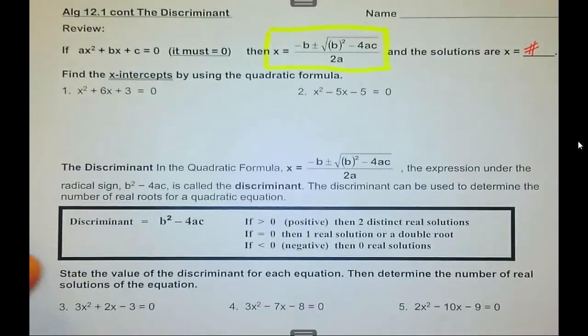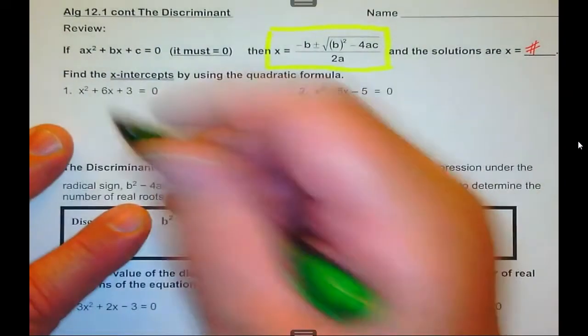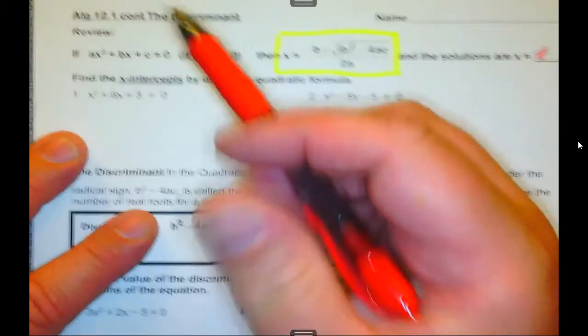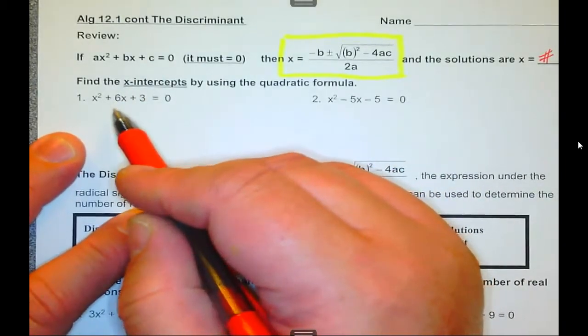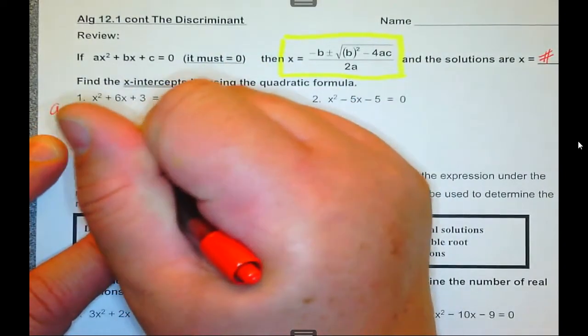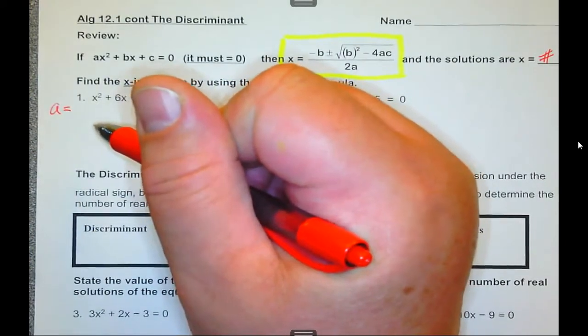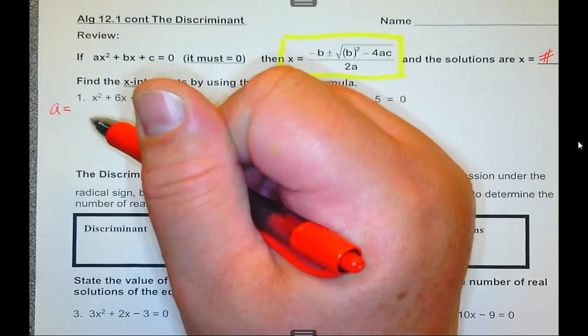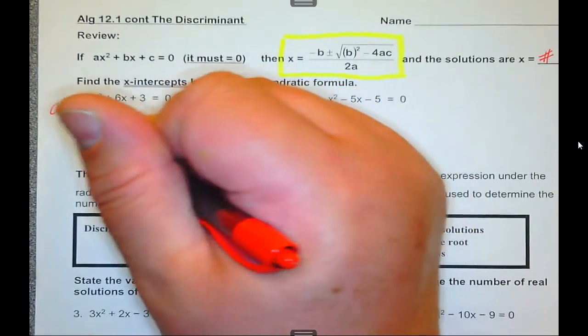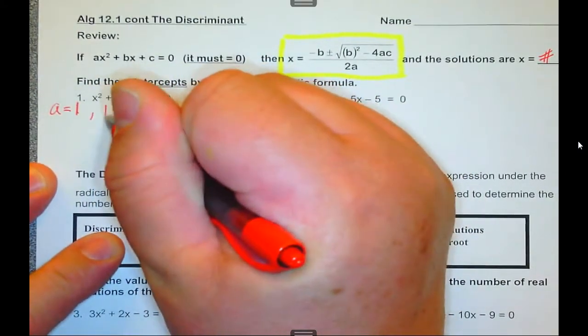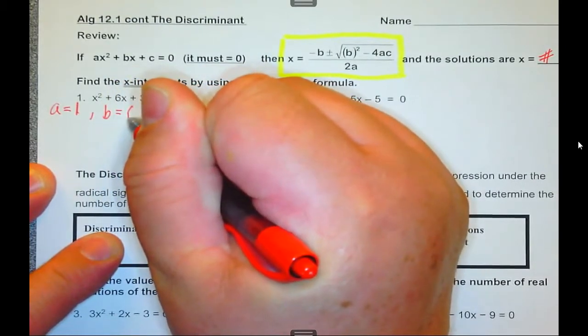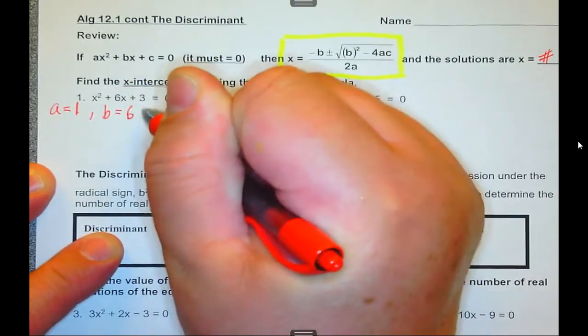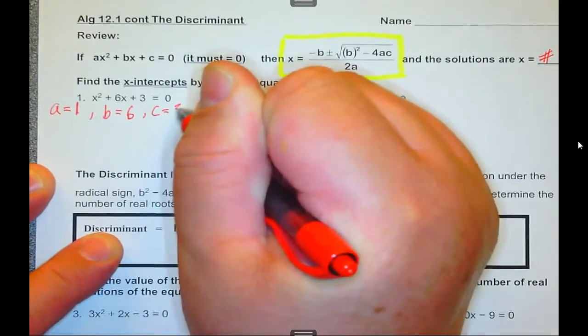It says if I take that discriminant, well, actually, let's go back and do one of these by the quadratic formula. Number 1, what's my a? It's 1, it's the coefficient of that, right? What's my b? And what's my c? 3.